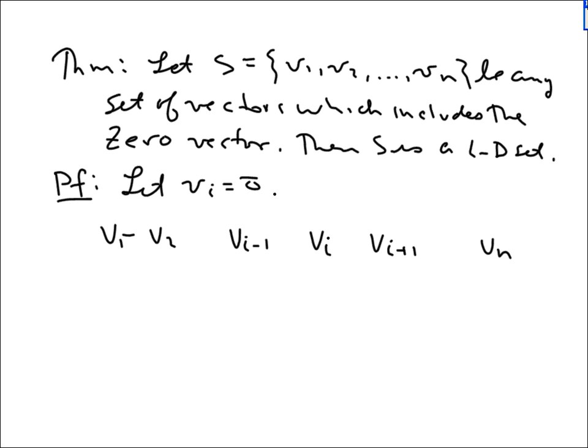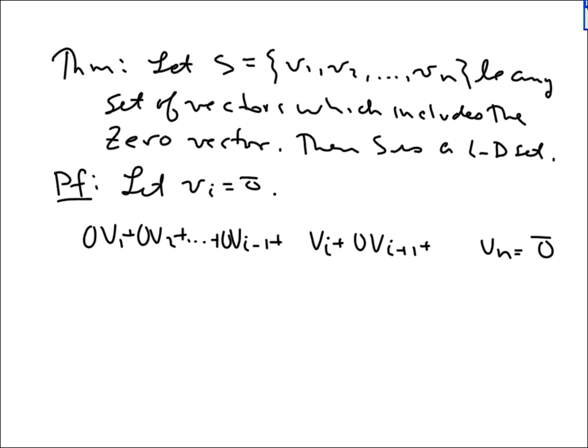The question is, can you come up with coefficients that are not all 0, but yet the linear combination is the 0 vector? The answer is yes.